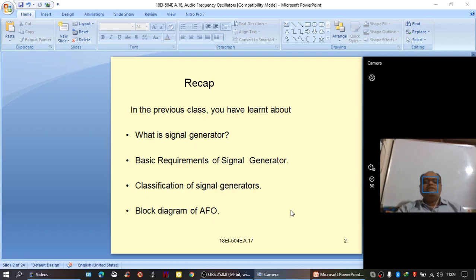Then classification of signal generators. Signal generators are classified based on various parameters.